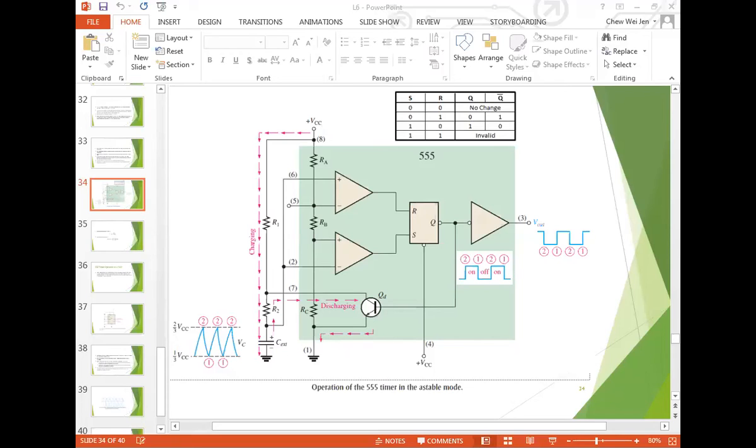Okay, now looking at this, when is the output on? When is it on? Upper and lower zero.